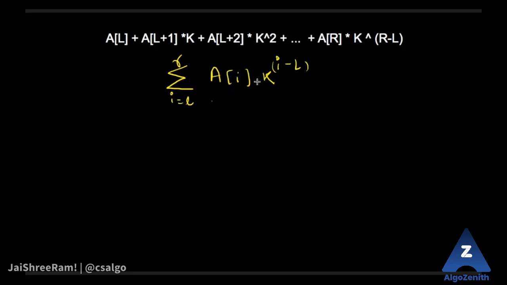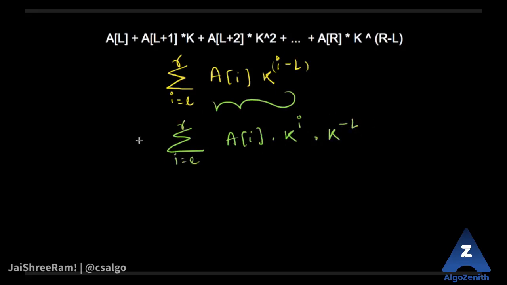The only thing that depends on the query is this L. So what we can do is convert this into a summation, and from now on every summation means from L to R, of A of I times k to the power I, multiplied by k to the power L inverse, that is k to the power minus L. Now this is constant for I equal to L to R, so we can take that out of the summation and we get k to the power minus L, summation of A I times k to the power I.